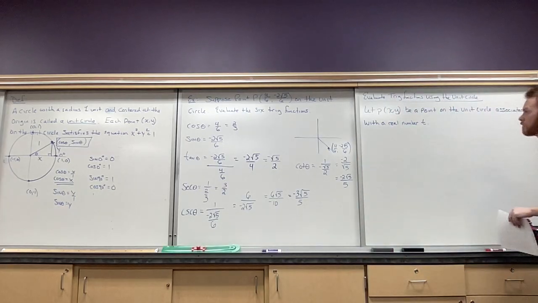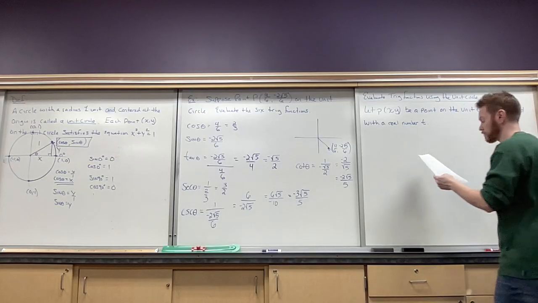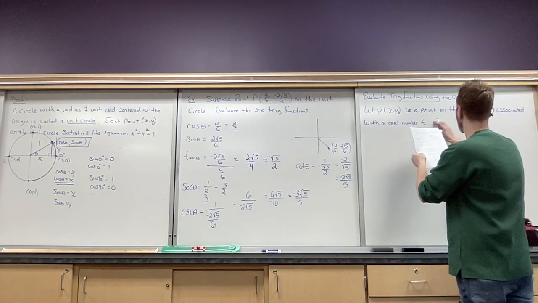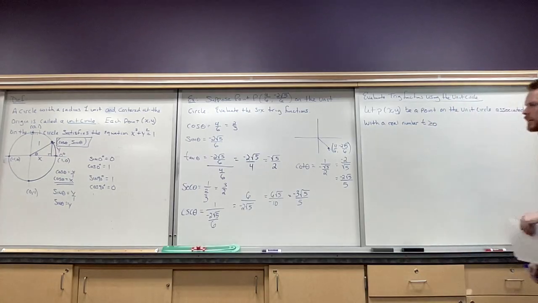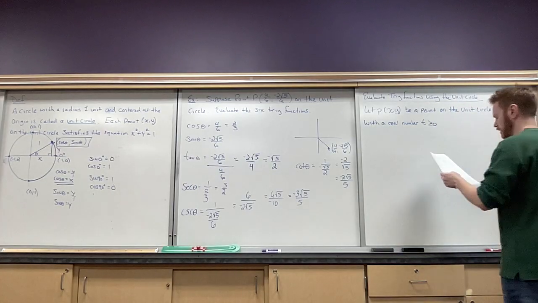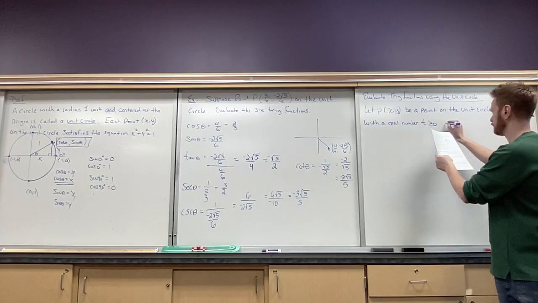So a real number that is going to be associated with that point is real number t. And in this case, we do want t to be positive. I'll tell you what happens if t is negative, but for right now, let's keep it positive.